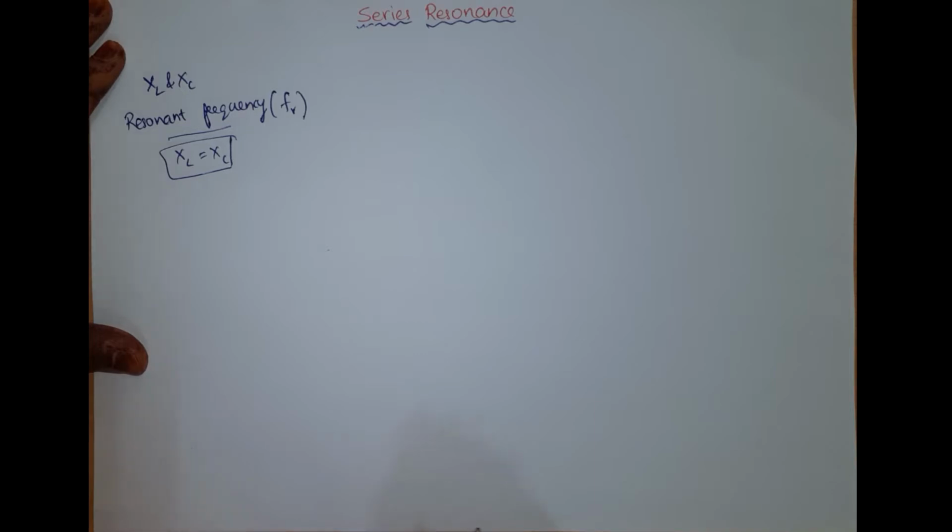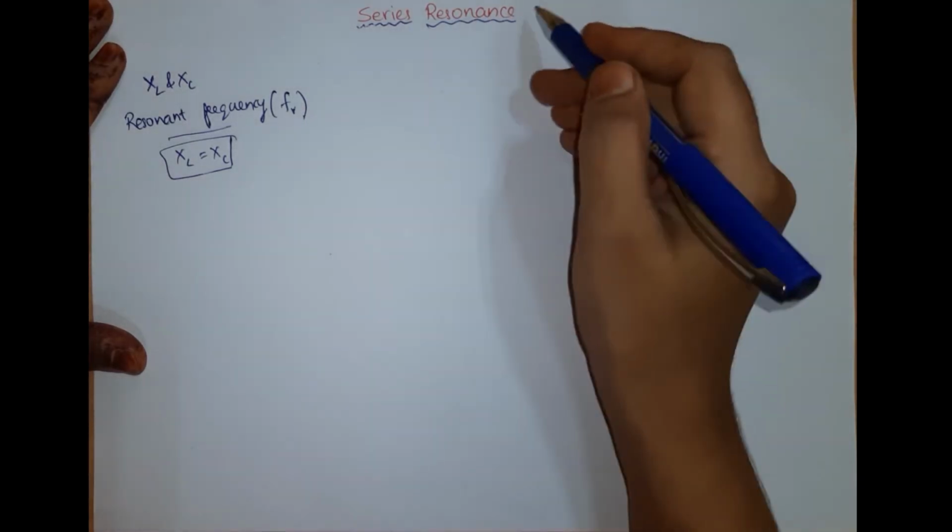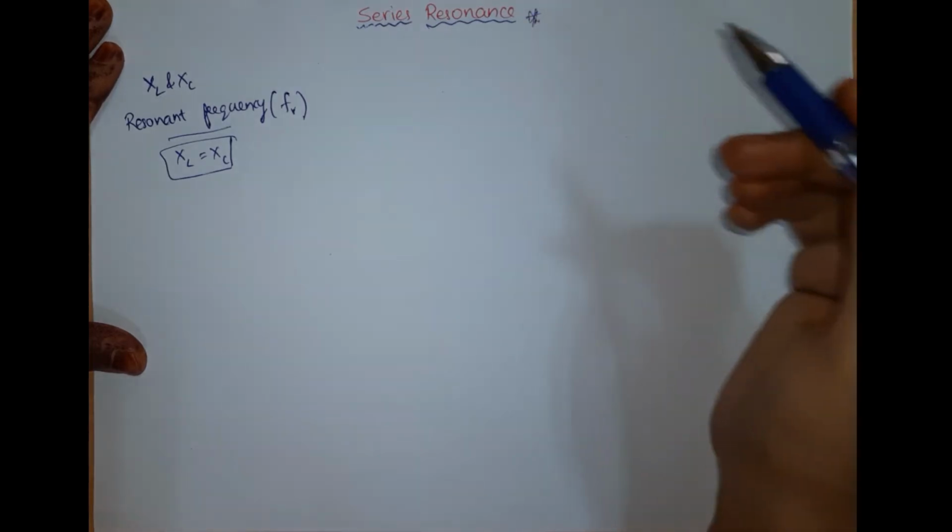Now let us see the behavior of a series RLC circuit at this particular resonant frequency. The behavior of a series RLC circuit at resonant frequency is called series resonance.